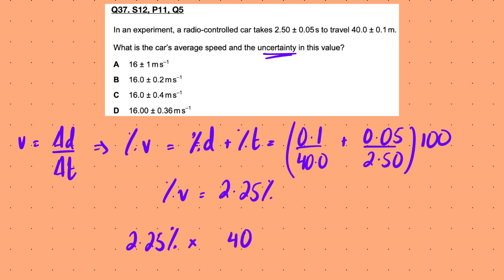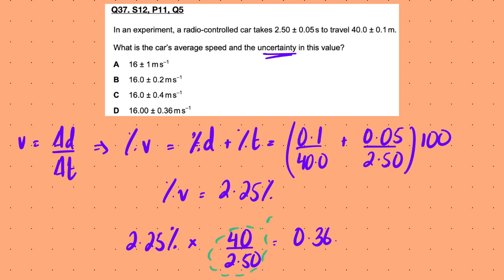So 40 over 2.5. So this times 40 divided by 2.5 divided by 100, which is 0.36, right? But the problem here is that actually the value is 16, right? If you find this out, that's the actual speed.